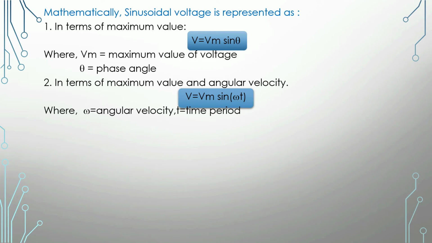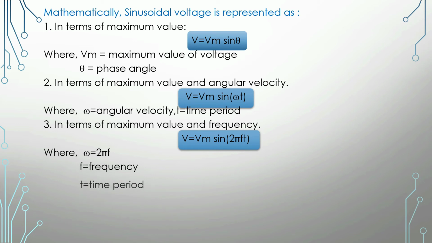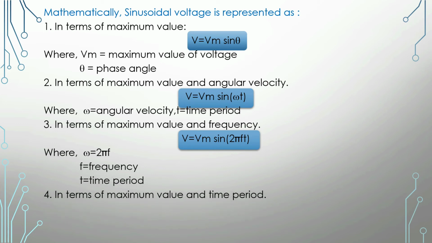Omega is angular velocity, t is the time. Next, in terms of maximum value and frequency, V is equal to Vm sine 2 pi f t. Omega is written as 2 pi f and t is the time, f is the frequency. Next, in terms of maximum value and time period, V is equal to Vm sine 2 pi upon T into t, where f is written as 1 upon time period.